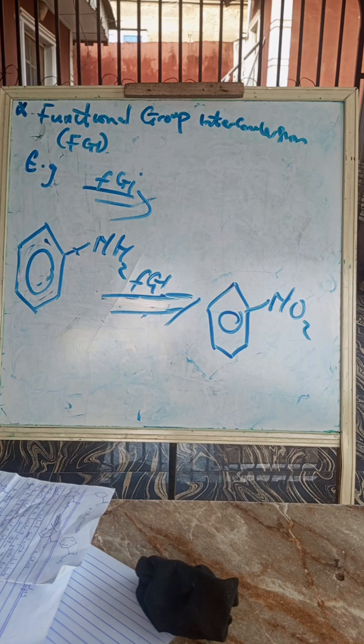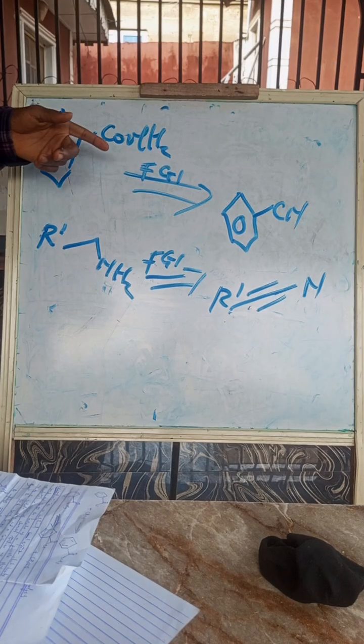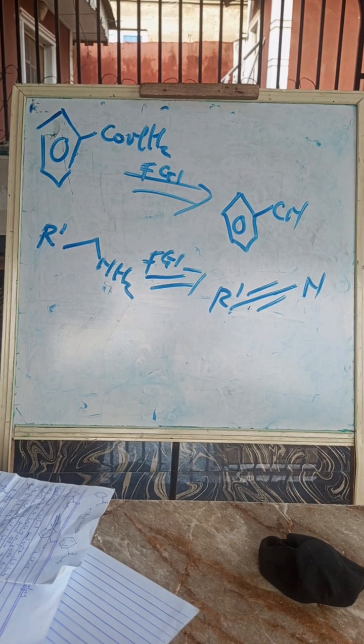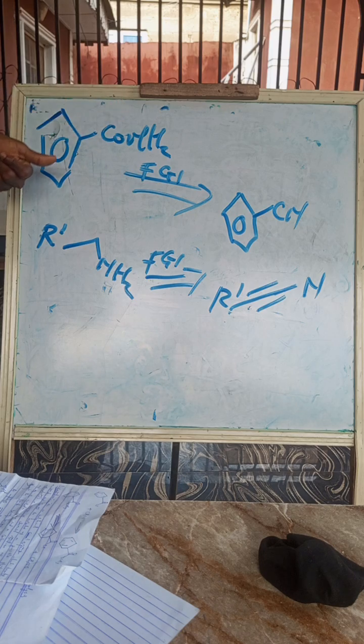So the main part is to understand your basic chemistry. So these are other examples of functional group interconversion. You can see this one. This is an amide group. You can see an amide group attached to our aromatic compound. So we can't just disconnect.